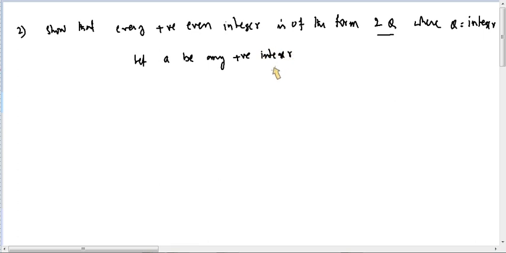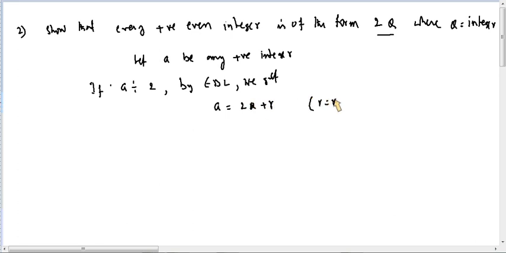Then if a is divided by 2, by EDL we get a is equal to 2q plus r, r is the remainder.